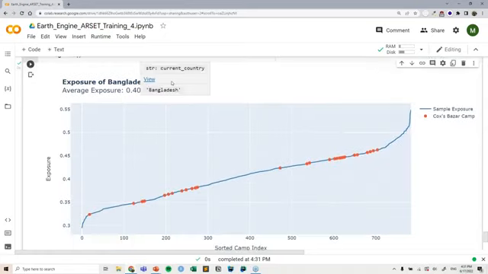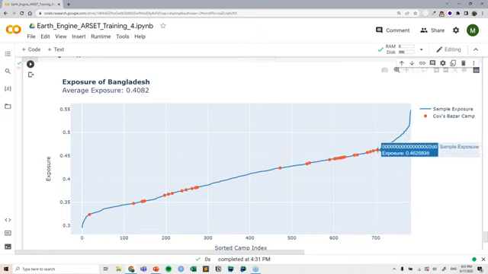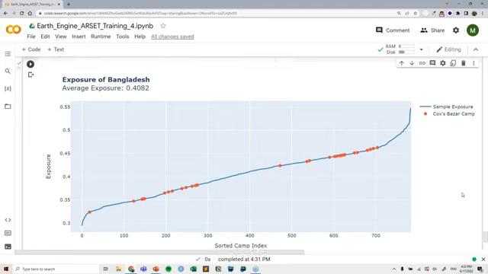If we look here, we have an average exposure of 0.4, but we see that many camps, so these are Cox's Bazar camps here, in these points are relatively overexposed given our distribution and given our set of indices, or given our index.